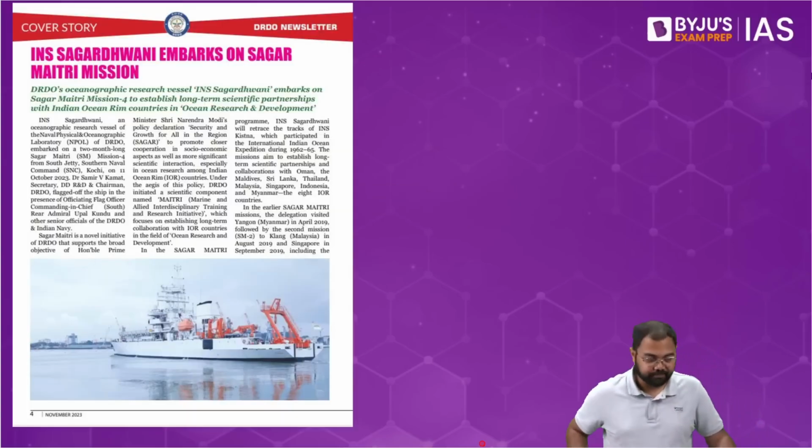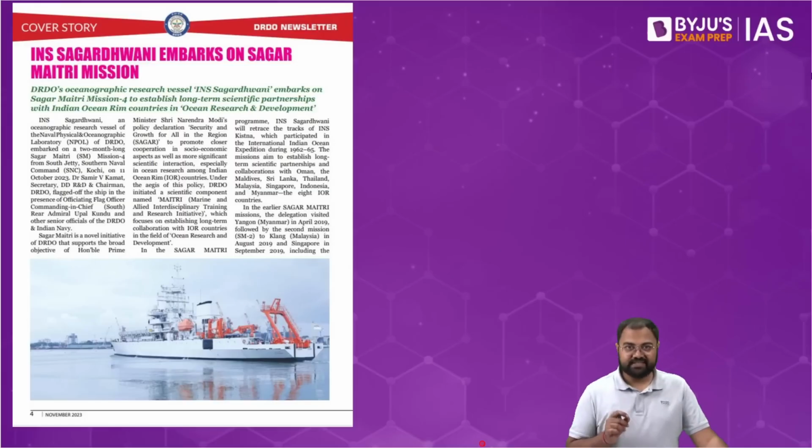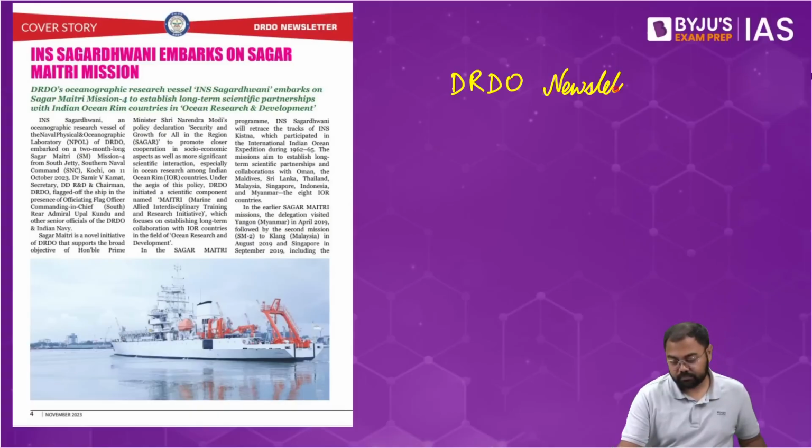Now, one thing that becomes very crucial from the perspective of this chapter is to understand how to read this chapter and what your sources are. One of the most important sources that I believe in this chapter is the DRDO newsletter. This is a monthly newsletter.